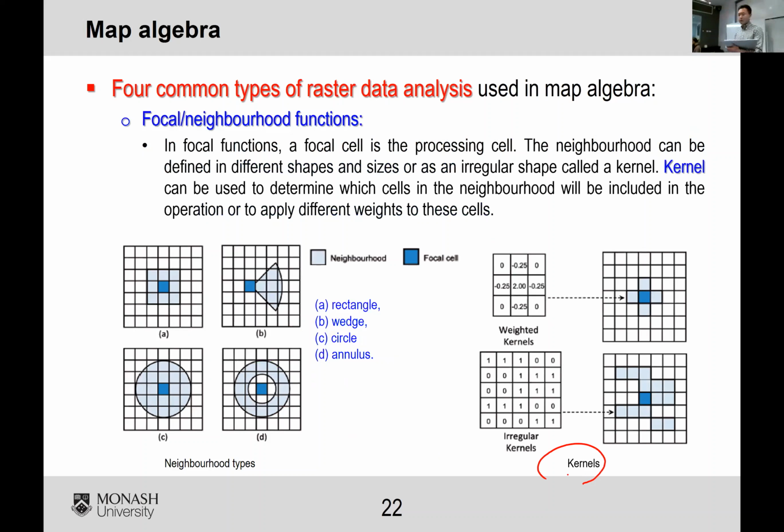And you can also define an arbitrary kernel, so an arbitrary area that you want to consider. And this kernel is described by an additional raster.